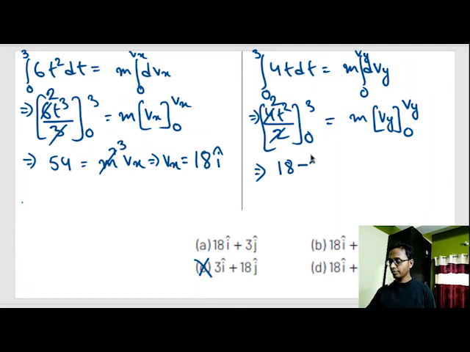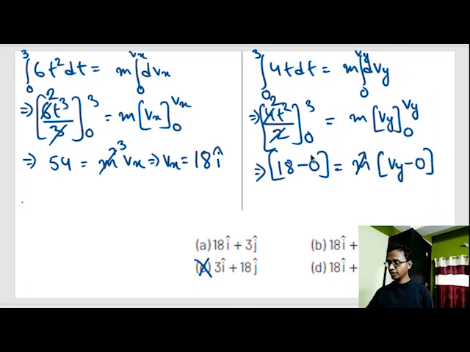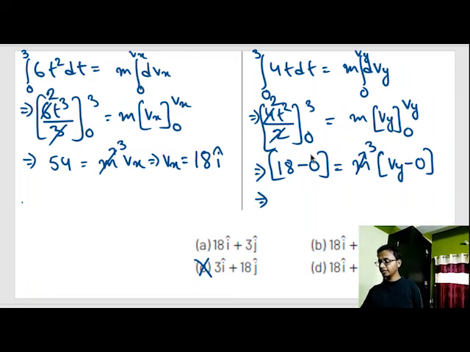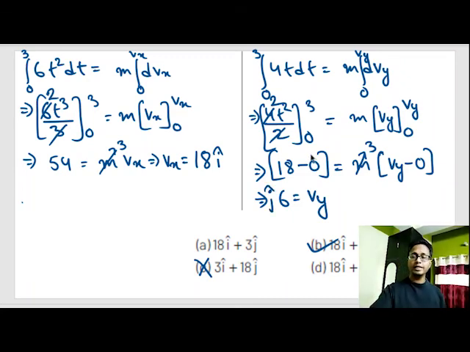Minus 0 is equal to m into vy minus 0. M was nothing but 3, so 18 divided by 3 is equal to 6. 6 is equal to vy. So our correct option is option number B, 8i plus 6j.